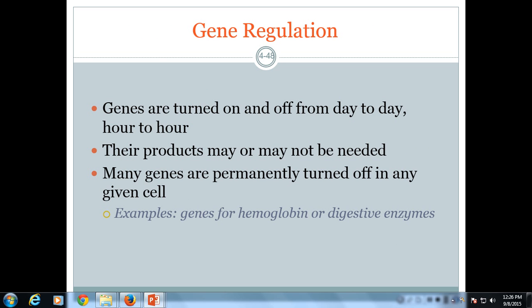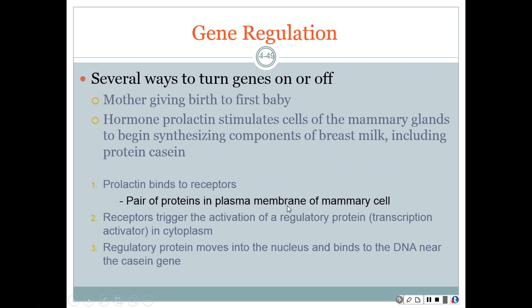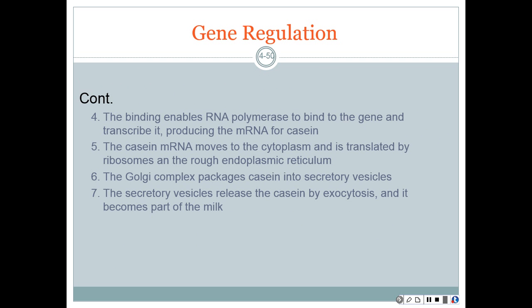The hormone prolactin binds to receptors in the plasma membrane of a mammary gland cell. The binding to the receptor triggers activation of a regulatory protein in the cytoplasm. The regulatory protein moves into the nucleus and binds to the DNA near the gene for casein, which is a milk protein.